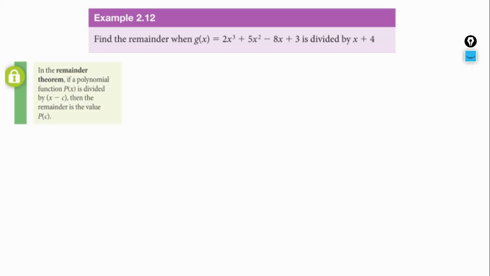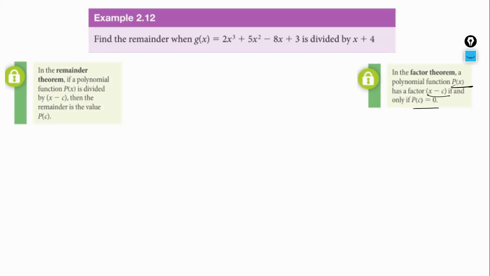There is a corollary to the remainder theorem, known as the factor theorem. And what it says is that a polynomial function, p of x, has a factor x minus c if and only if p of c is equal to 0. So this is obvious, right?